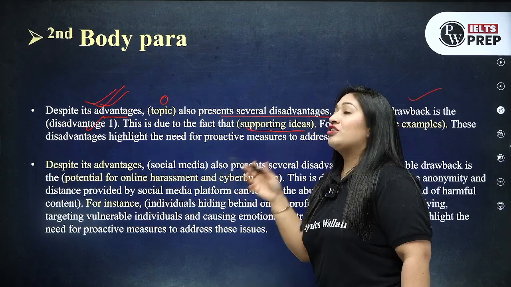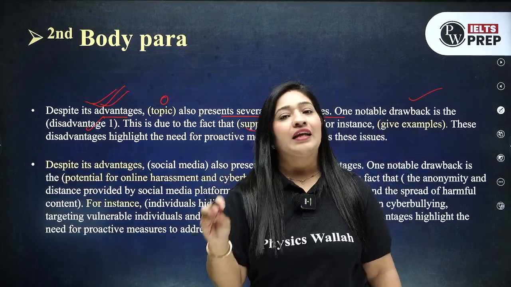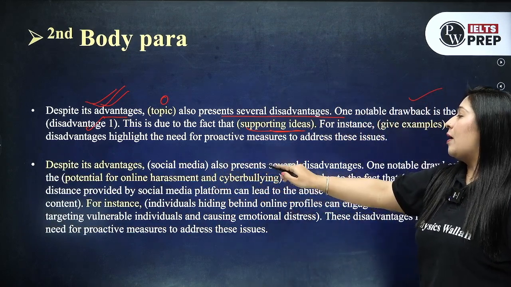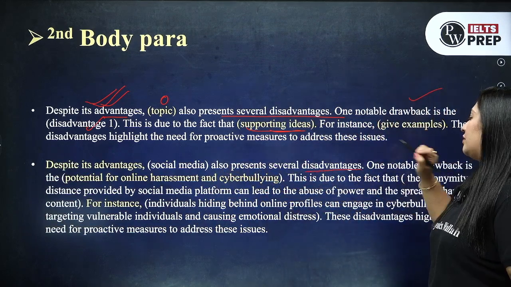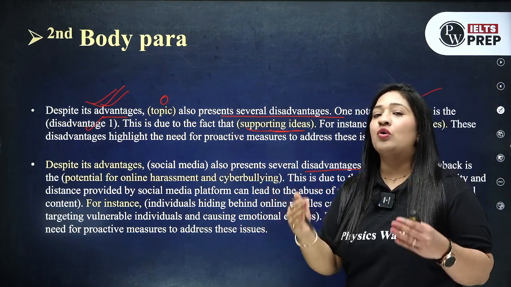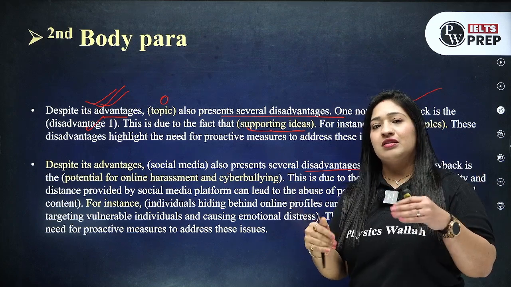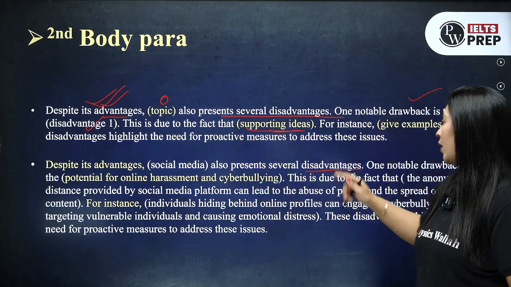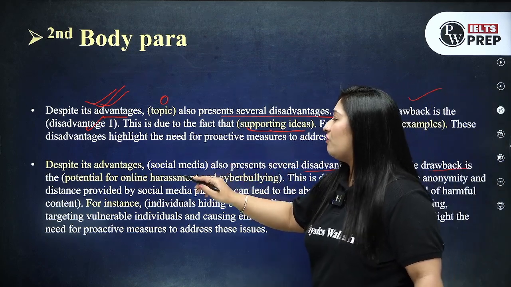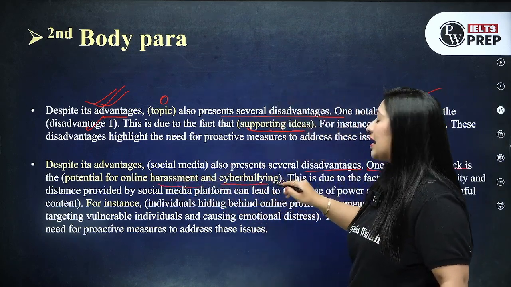Despite its advantages, so I'm acknowledging that advantages are there, but along with its advantages, social media also presents several disadvantages. Of course I will not be writing all these disadvantages because I have to write that the advantages are more than the disadvantages. So out of these many, I will take one. One notable drawback is the potential for online harassment and cyberbullying.